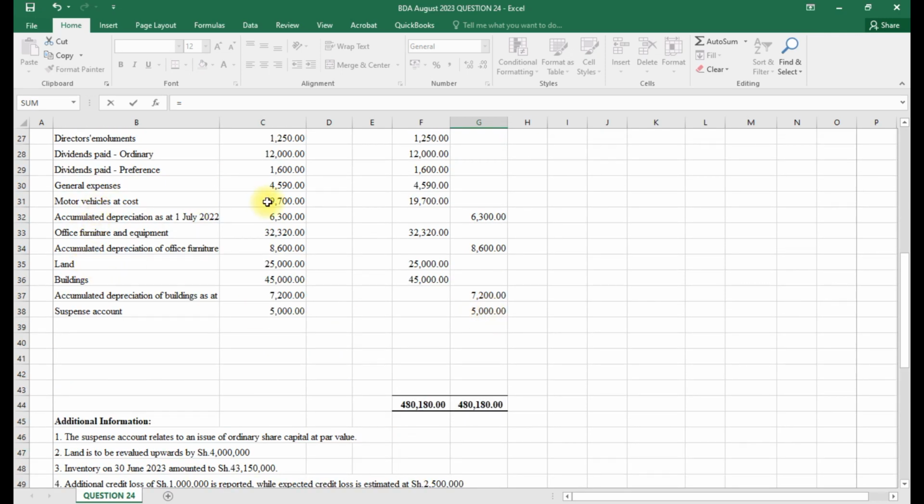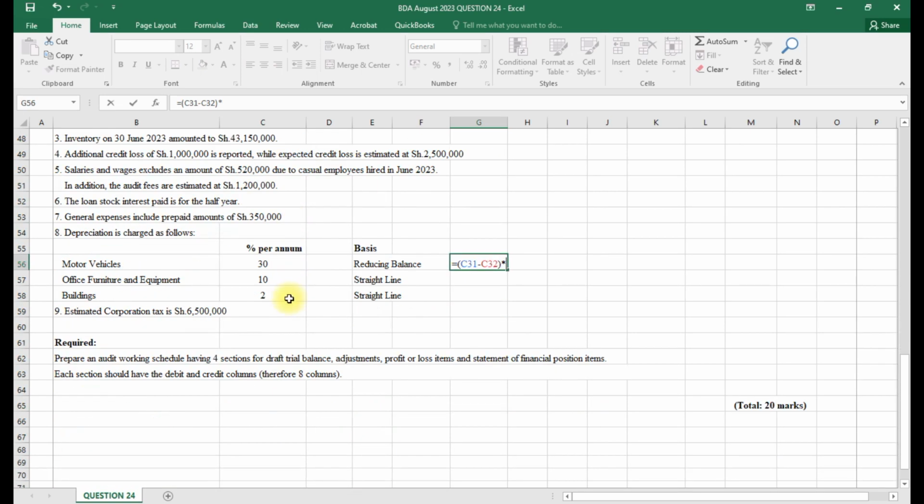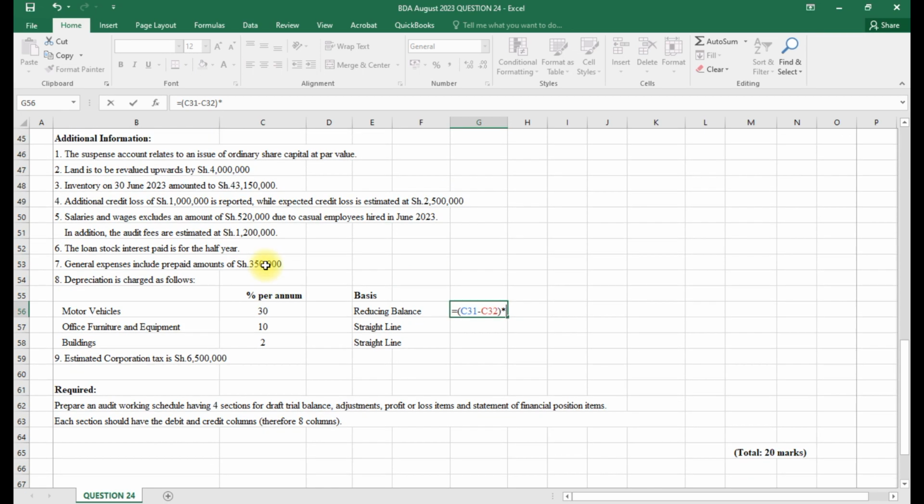I will open the bracket. So motor vehicle at cost of 17, minus accumulated depreciation on motor vehicle of 63, and I multiply by the rate, and our rate has been given here, which is 30%, 0.3 being 30%. So that will be our depreciation.